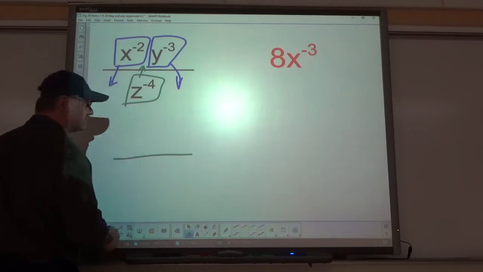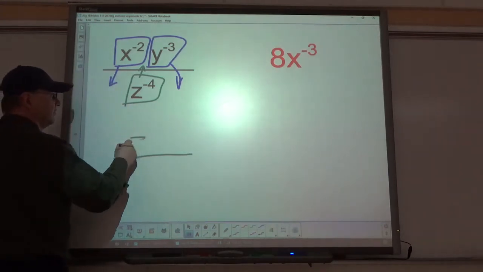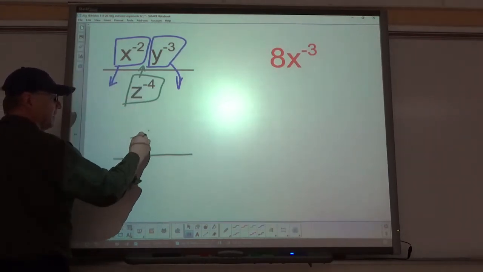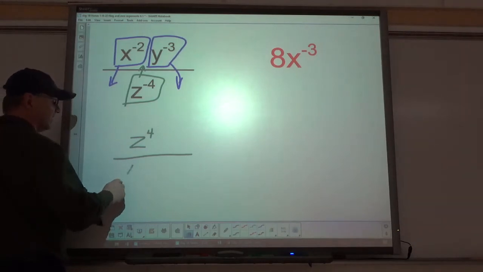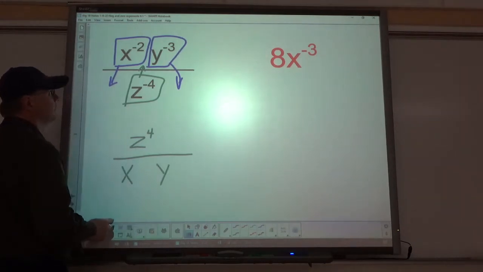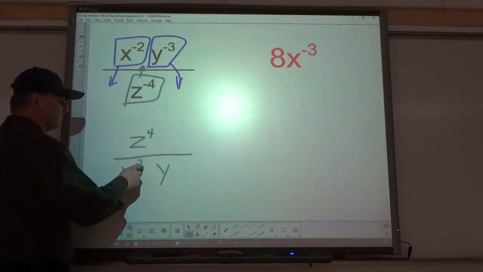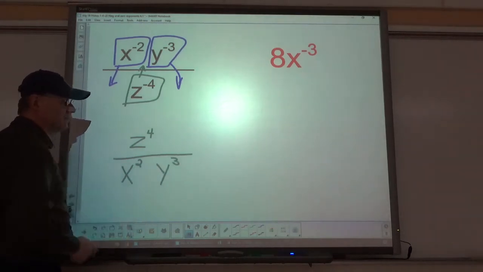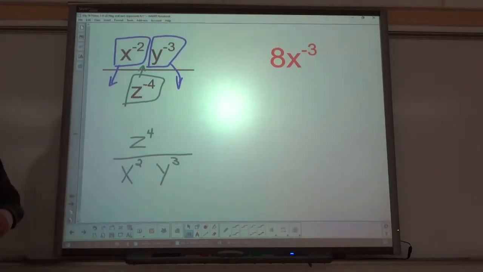So in the end, I have the z on top, and this becomes a positive 4. The x and the y on bottom, the x becomes a positive 2, and the y a positive 3. And that's all you have to do. Now I have only positive exponents. Most of the problems that we're going to be working with are going to ask you to write it with only positive exponents.